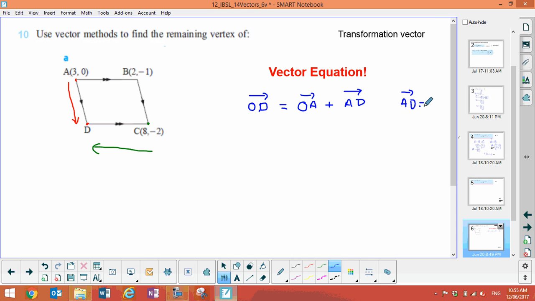And that's the direction we want, from B to C, because they're parallel. So therefore we can now write the statement OA plus BC, that's equal to our OD. So just get in the habit of writing that correct statement and doing your substitution. So have a go at doing that one, and we'll finish that up in class.